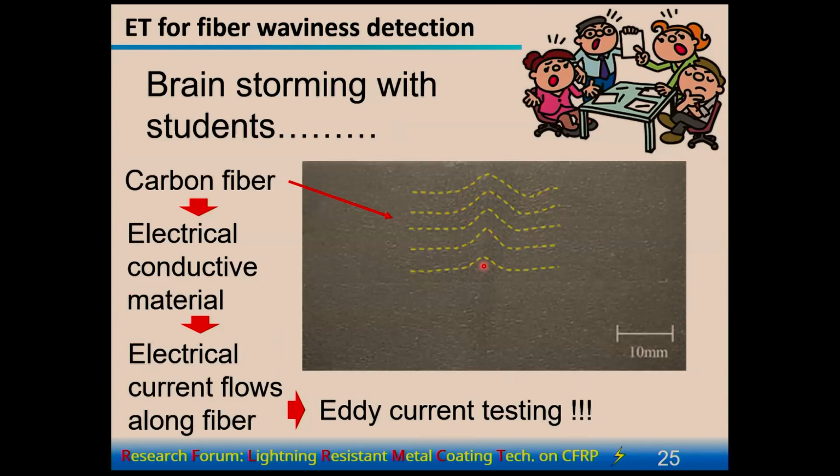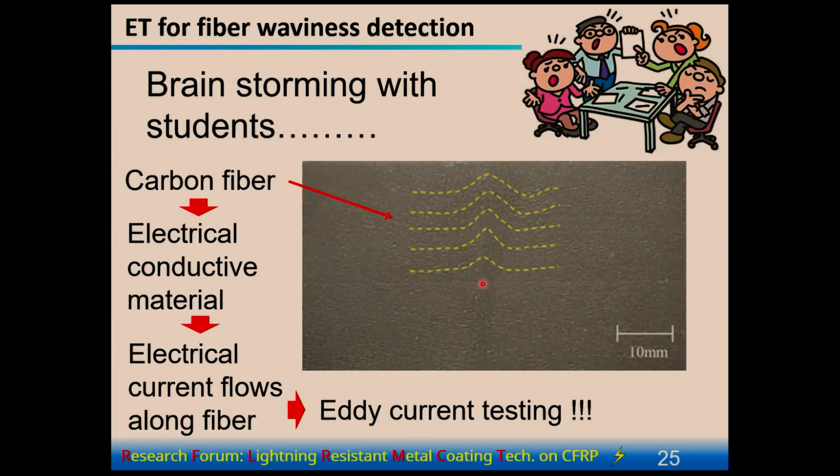Firstly, we tried ultrasonic testing, but we could not detect it. So we did brainstorming with students, and one student said the carbon fiber is an electrically conductive material, so electrical current should flow along the fiber.